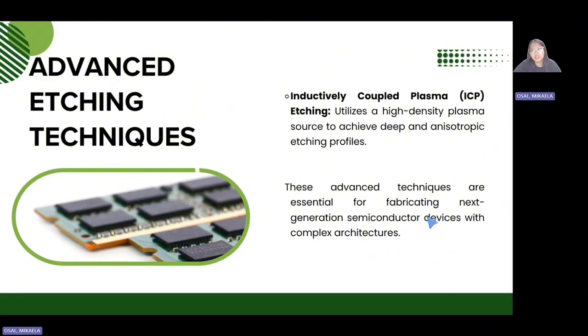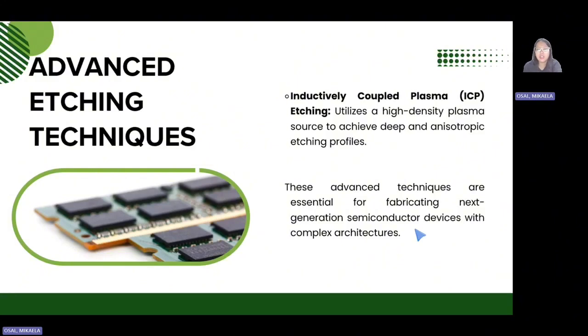So another advanced technique is inductively coupled plasma or ICP etching. ICP etching uses a high-density plasma source, allowing for deep and anisotropic etching profiles. So this technique provides enhanced control over etching depth and direction, which is crucial for creating intricate, high-precision features.